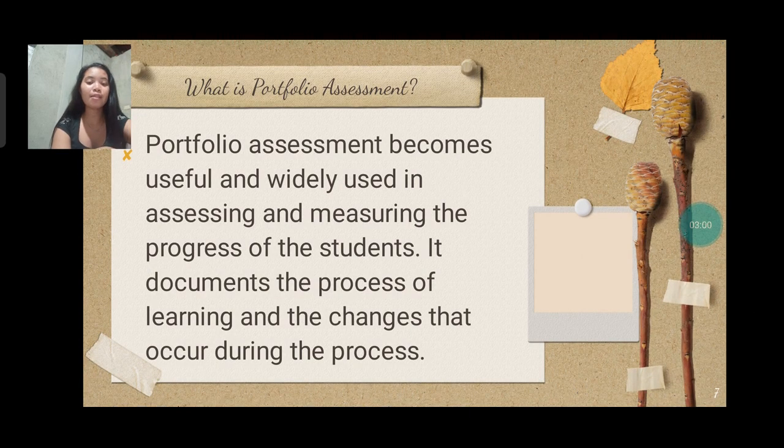According to Ferencz, 2001, portfolio assessment is the systematic, longitudinal collection of student work created in response to specific, known instructional objectives and evaluated in relation to the same criteria. Portfolio assessment is one of the several authentic and non-traditional assessment techniques in education. It is also an alternative to pen and paper objective tests as an approach to assessing students in learning.